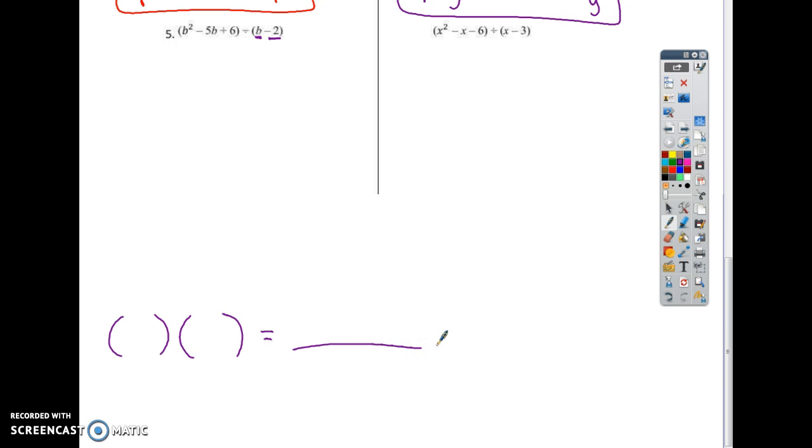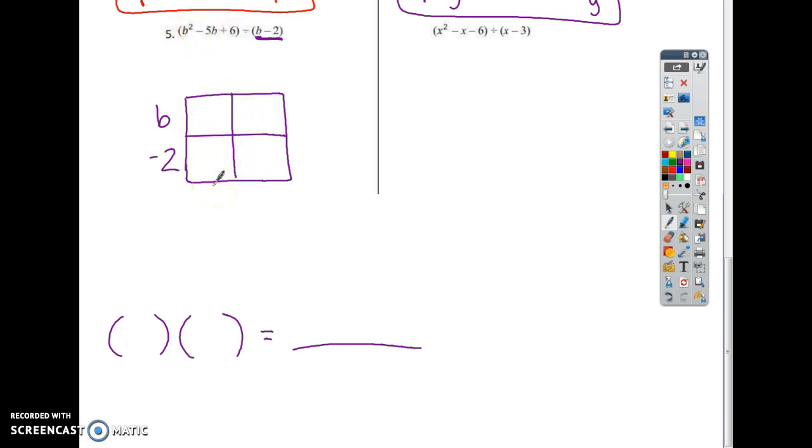Well, now we're working backwards. So we're still going to do the box, right? And this box is going to be a 2 by 2, because I have 2 things on the outside. That's b minus 2. Okay? And then this is my answer in the inside.